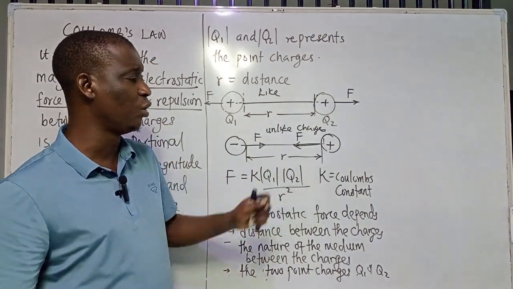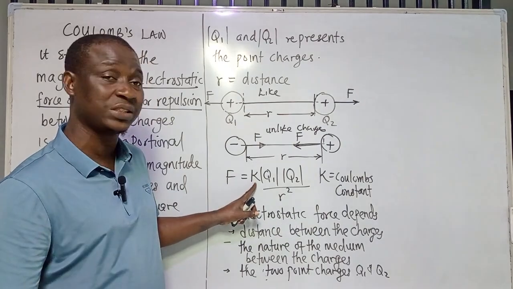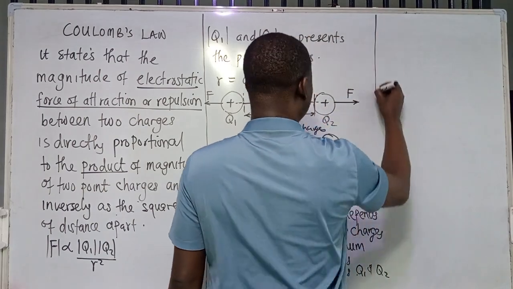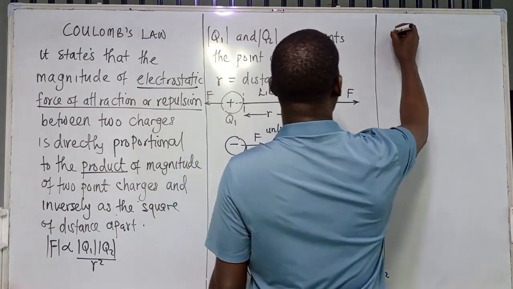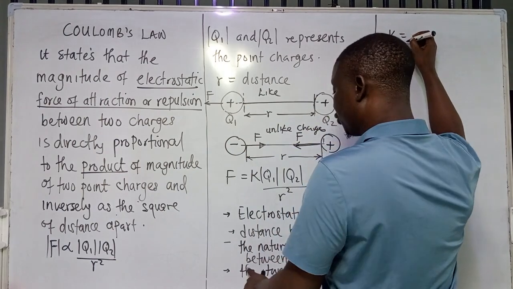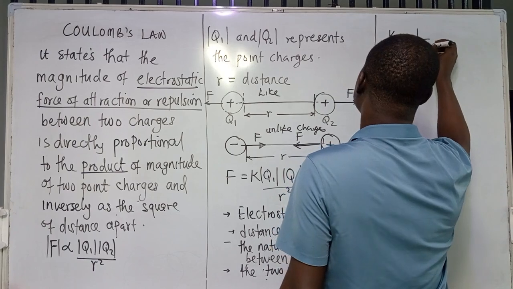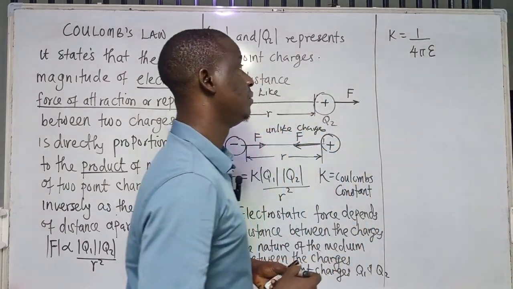Now, when you remove the word proportionality, you introduce K. Our K, because it also depends on the medium, is equal to 1 over 4 pi epsilon.